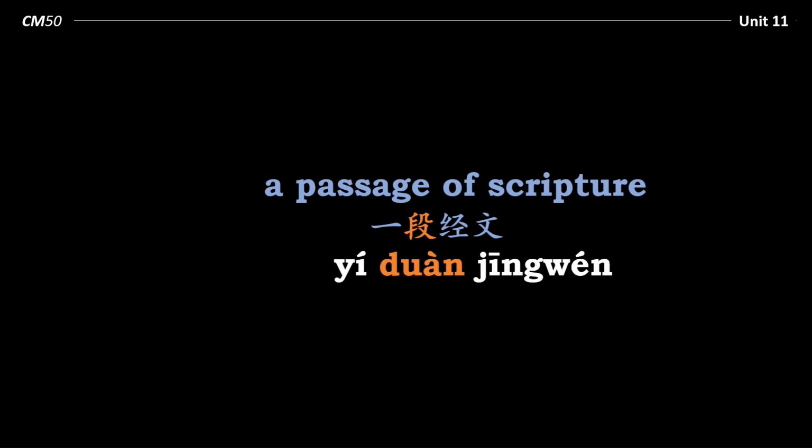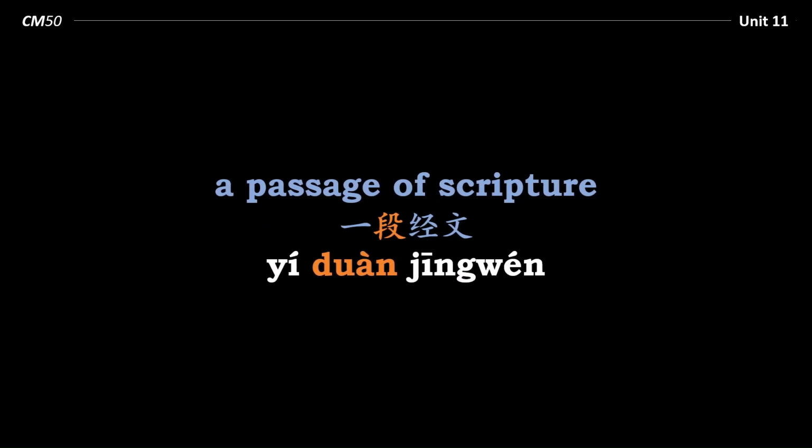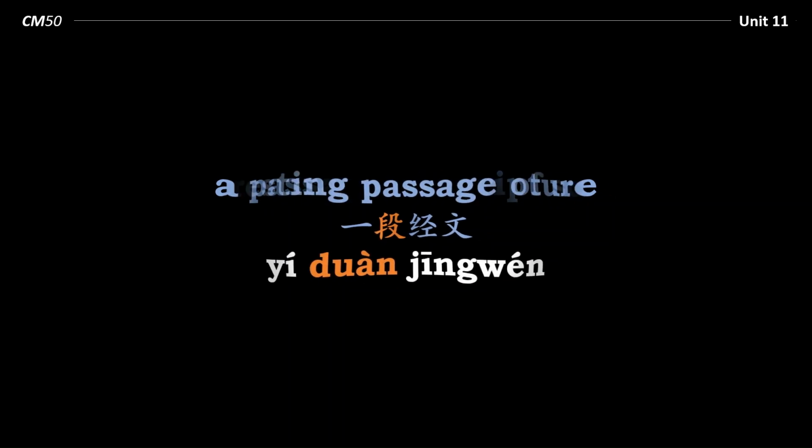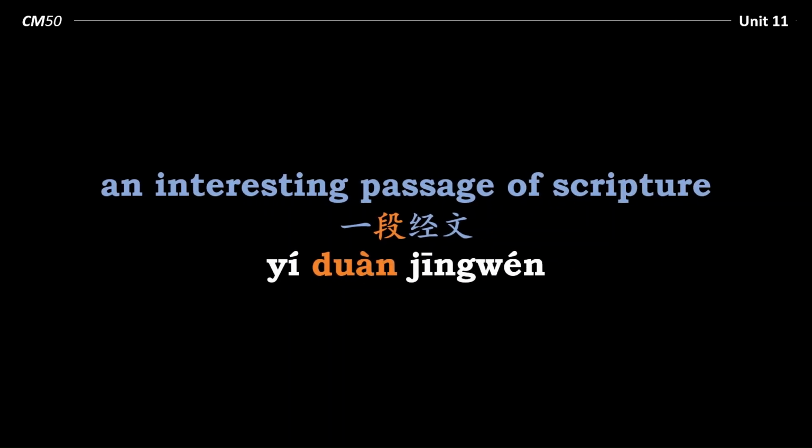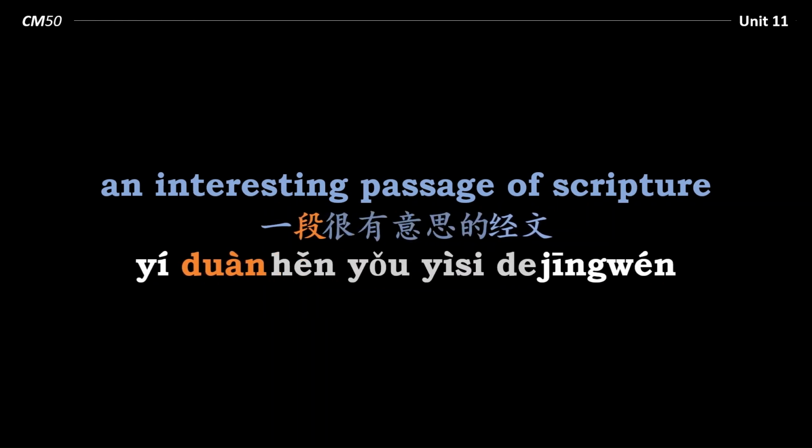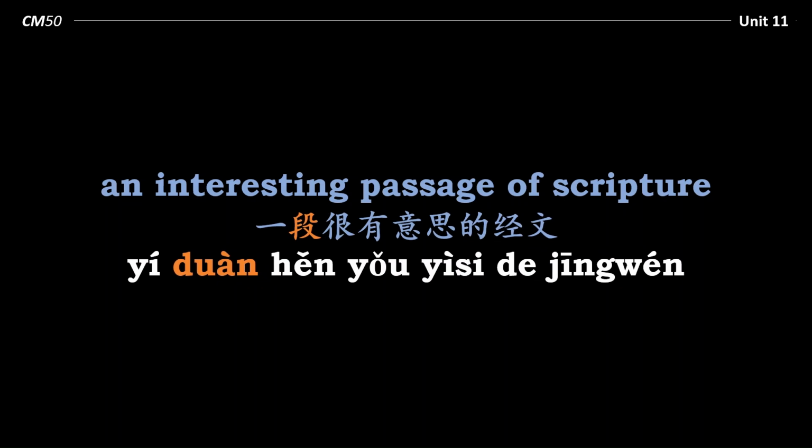Now let's focus on this phrase here, a passage of scripture. 一段经文. What if you want to say an interesting passage of scripture? How would we say this? 一段很有意思的经文. Now let's break it down to see what's happening here.